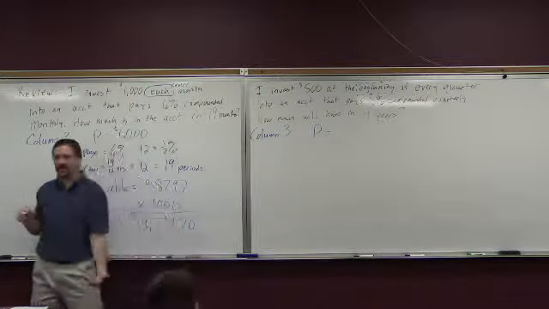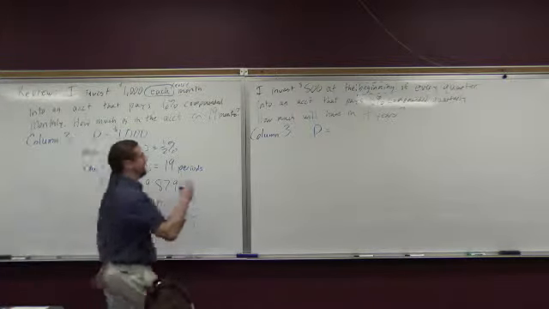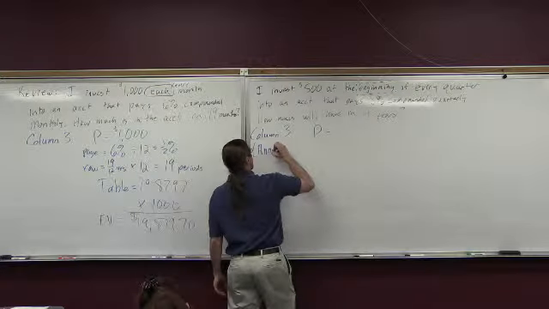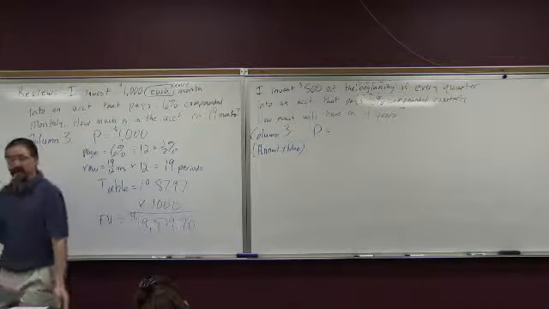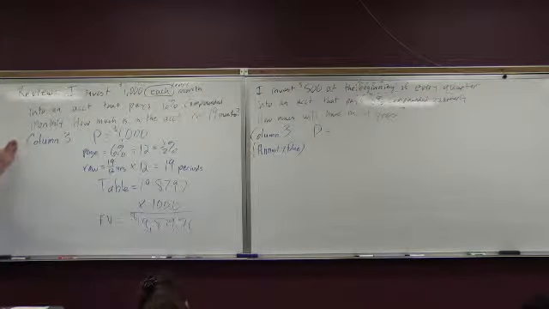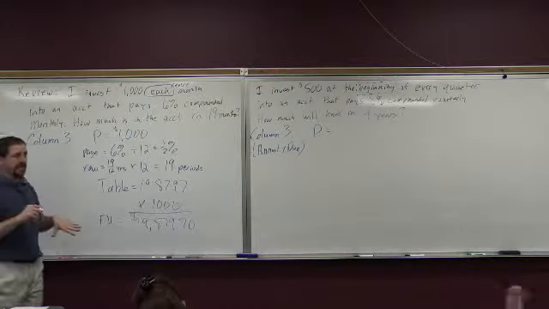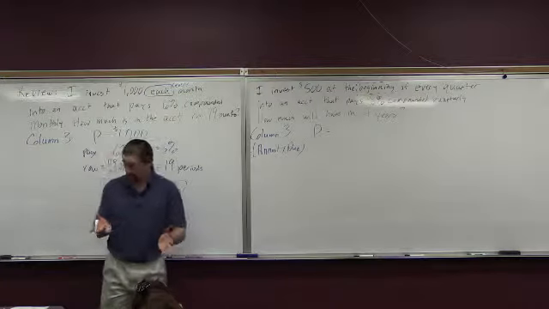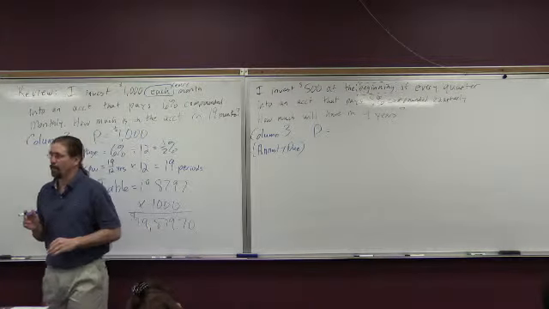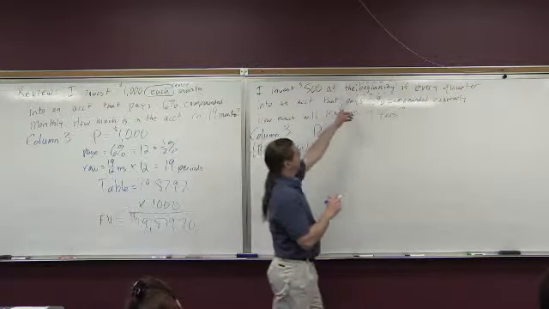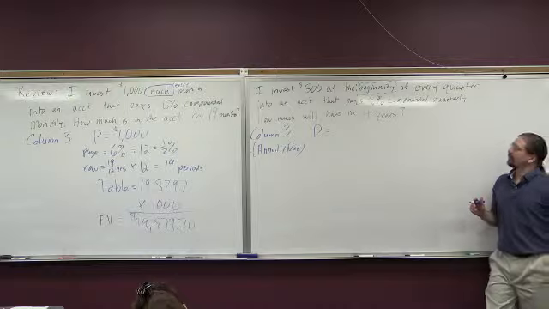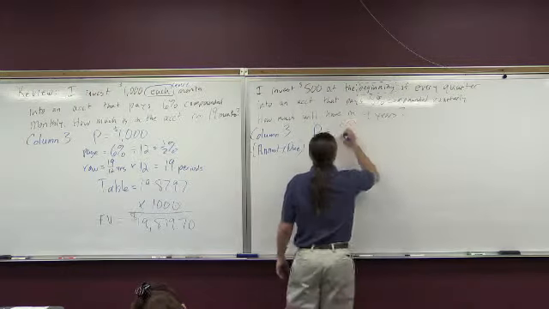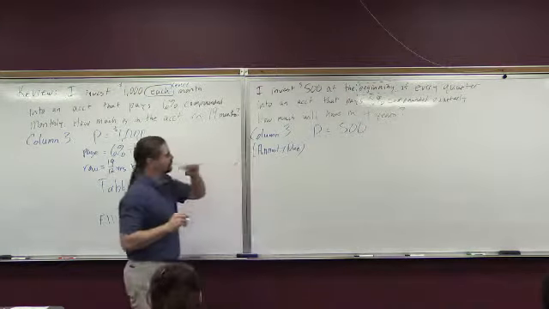When I tell you that I'm investing at the beginning, my column 3 becomes an annuity due column 3 instead of an ordinary annuity, which the previous one was. When I don't tell you when the money is being invested, you assume it's being invested at the end. That's ordinary annuities. But if you see that word beginning, ding, ding, ding, that's bells and whistles in your head that says, okay, annuity due.